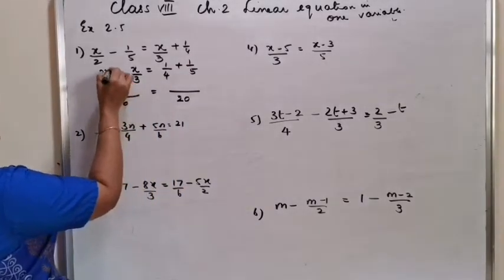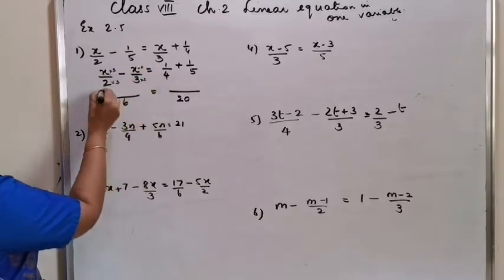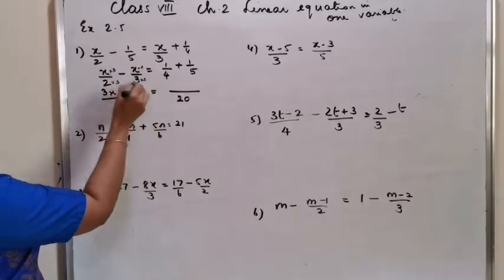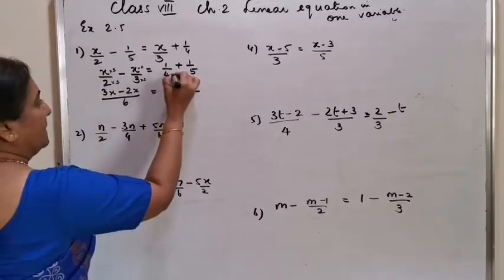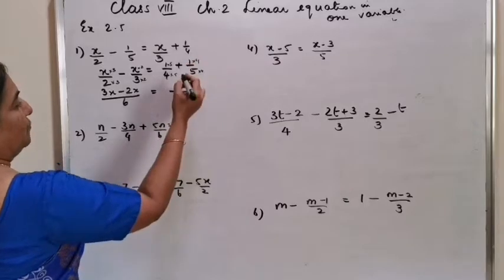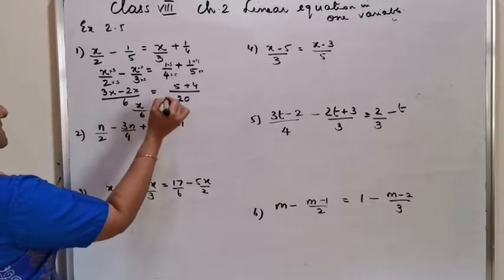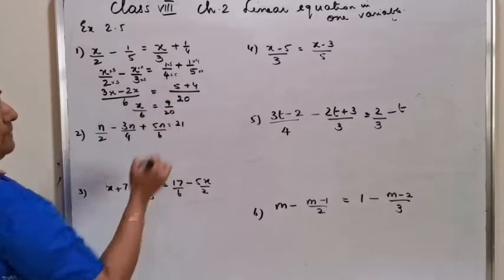2 into 3, 3 into 2, and 5 into 5, 4 into 4. So 3x minus 2x by 6 is equal to 5 plus 4 by 20, or x by 6 is equal to 9 by 20.